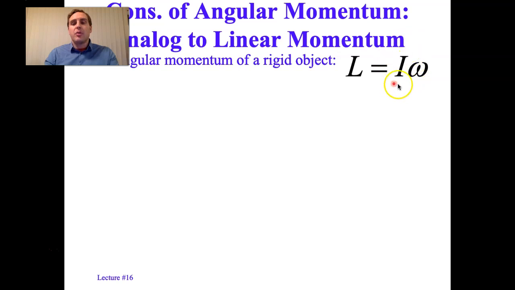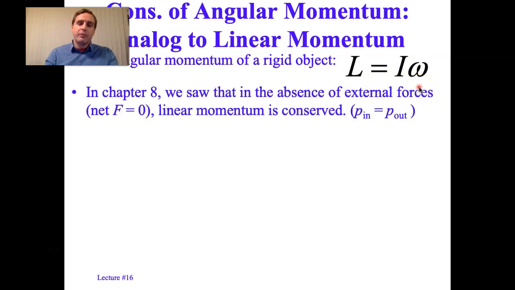Now adding all the m r squareds gives the rotational inertia. So the alternative form for the equation of angular momentum is rotational inertia times angular velocity. This should be entirely reasonable to you because in linear motion p equals mv: linear momentum is equal to mass times velocity. Angular momentum is equal to rotational mass times rotational velocity. So this is what it should be for a rigid object.